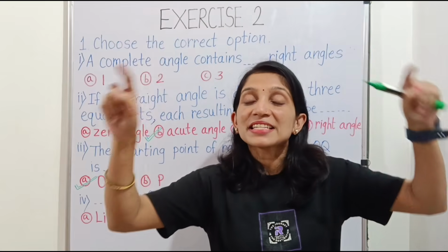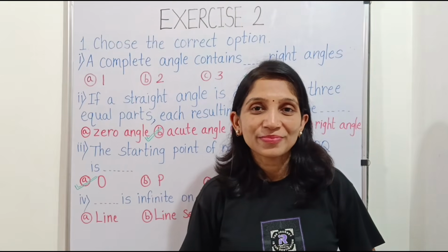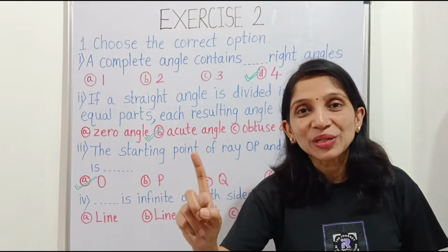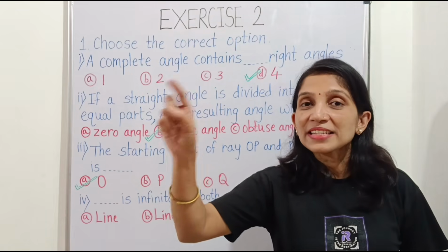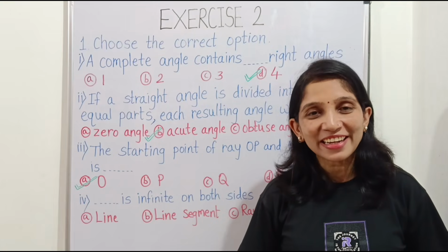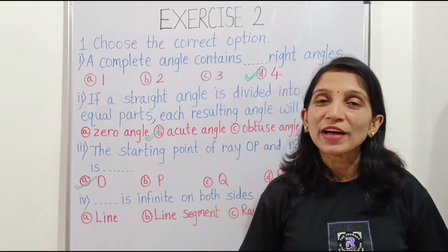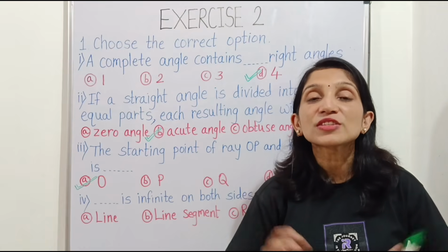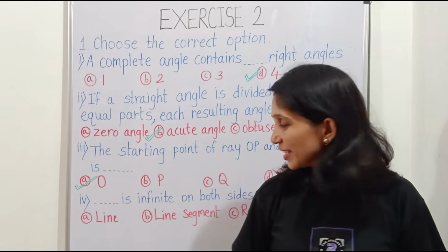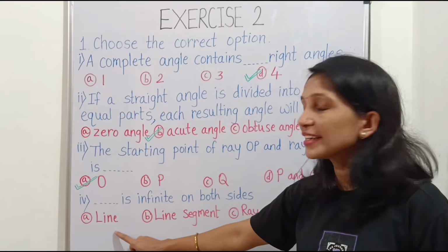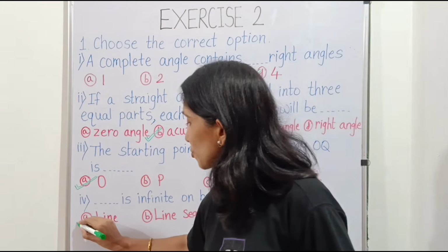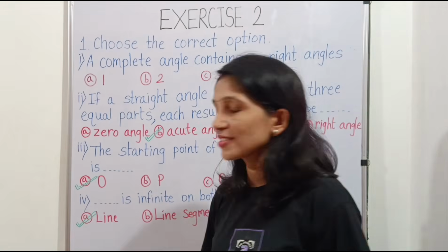That's why it has arrow to both the sides. Ray is infinite on one side only. That's why it has arrow to its one side only. And plane is infinite from all its four sides. So our correct option is line. Line is infinite on both sides. Option A is the correct answer.